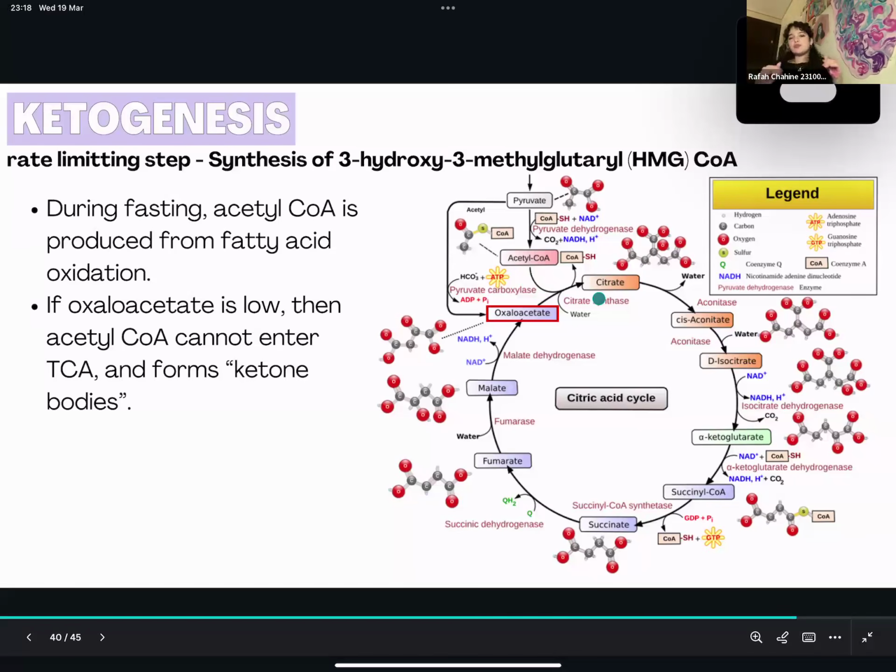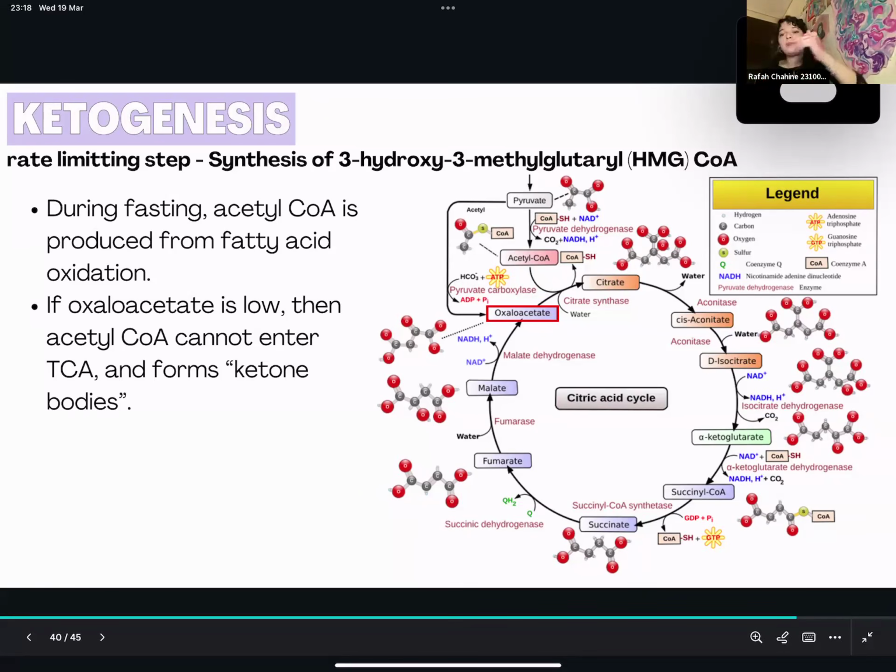Because here's the thing. I told you previously that acetyl-CoA will typically go to the citric acid cycle to produce carbon dioxide and water, right? But in some cases, such as fasting, it will go to produce ketone bodies, which is the process of ketogenesis.